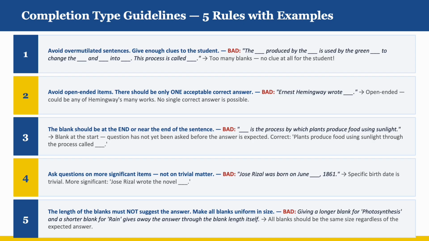Rule number 5, make all blanks the same length. If a longer blank hints at longer answers, students will use the blank size as a clue. So all blanks should be uniform in size, regardless of the expected answer.